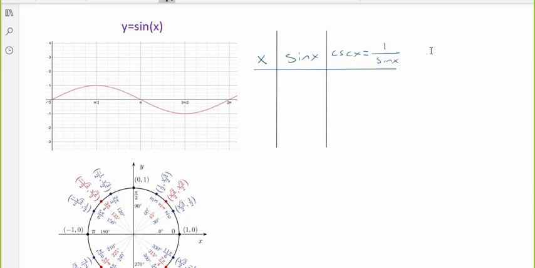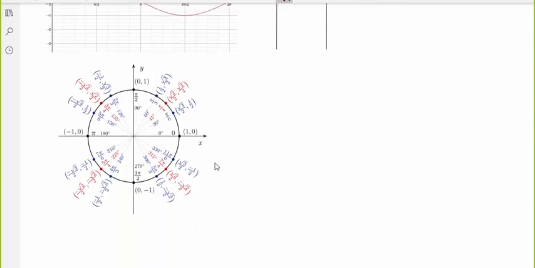So let me show you a few key numbers here. Suppose I just arbitrarily say, what happens at x equals 0? Well, if your angle is 0 degrees, you could use the unit circle to say the sine is the y value. So the sine is 0. So this right here on the unit circle tells me that if you plug 0 into sine, you get 0 out.